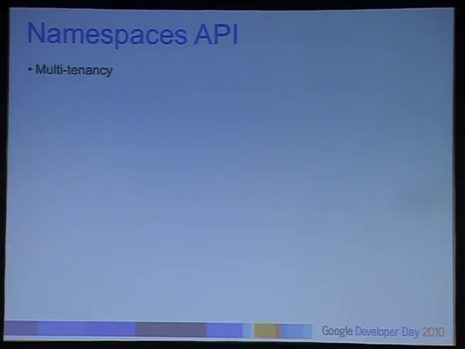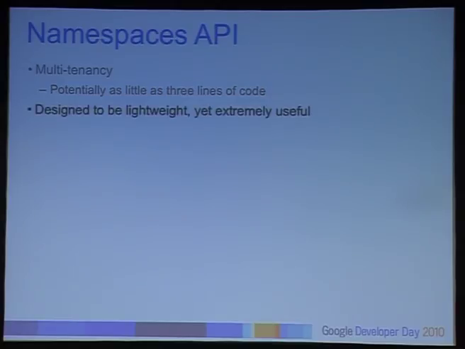So Namespaces API, it's multi-tenancy. You can start with as little as 3 lines of code, or you can get much more complex than that. It's designed to be really lightweight. There is no construction cost. So to create a new namespace, you just use it. You don't have to say create namespace. You don't have to check if it exists. Just referencing the namespace will create it.